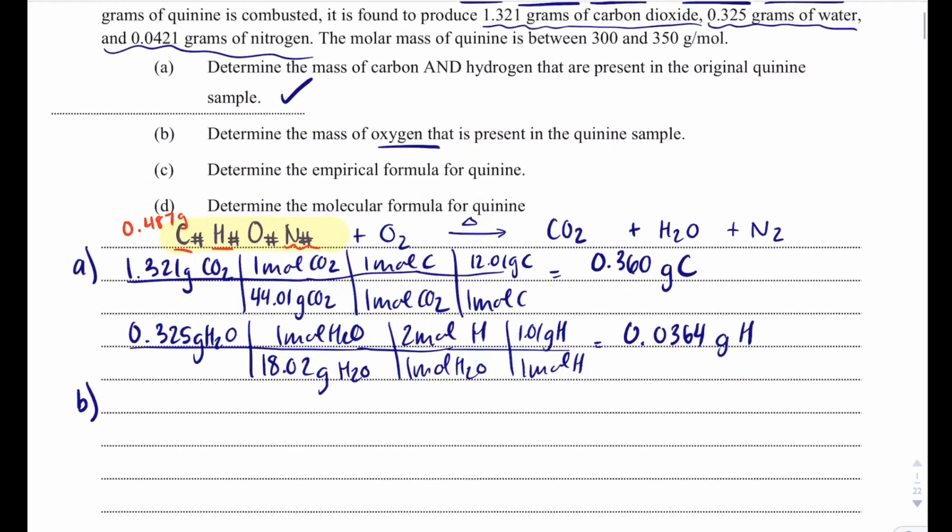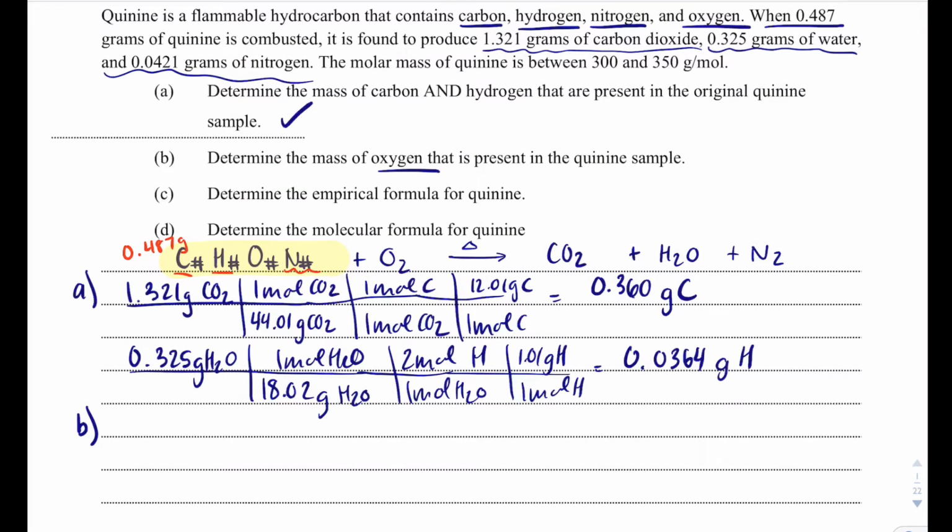In the question we are given 0.0421 grams of nitrogen, and there are 28.02 grams of nitrogen for every 1 mole of nitrogen.